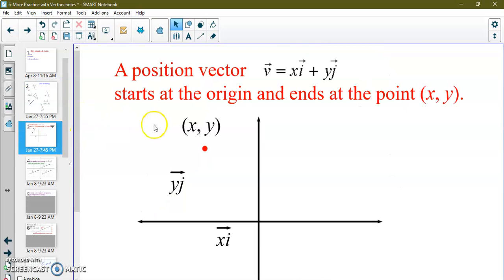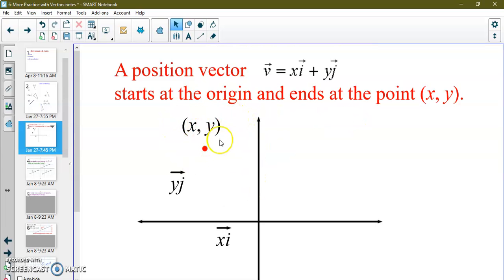All right, so now looking at a graph, quick review. If we've got a position vector, where the tail, the initial point of our vector, matters where it is, unlike the examples we just looked at, the head of our vector, or the terminal point, is going to be some point x comma y.